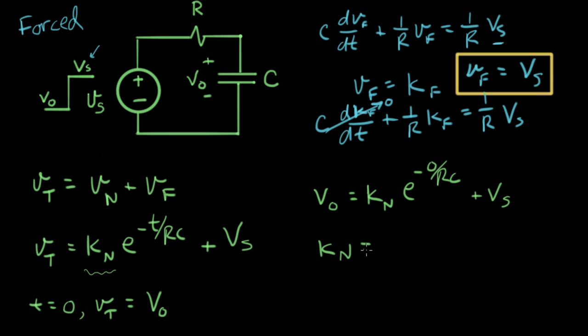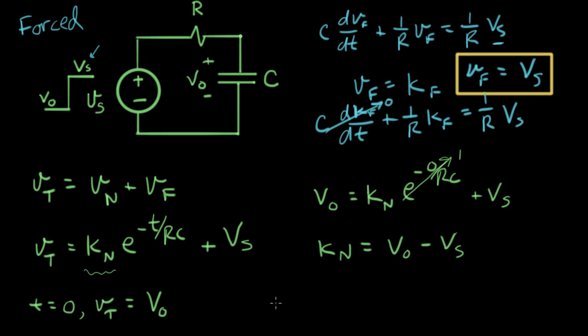Kn equals, this term, e to the 0 is 1. So this term goes to 1. So that says that it's Kn plus Vs on this side. And I can write down here V naught minus Vs. So now I've solved for K.